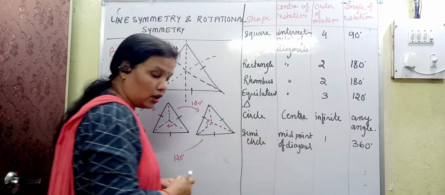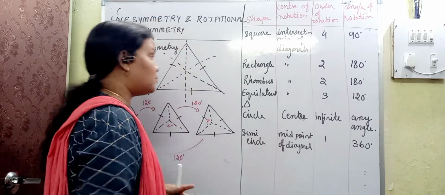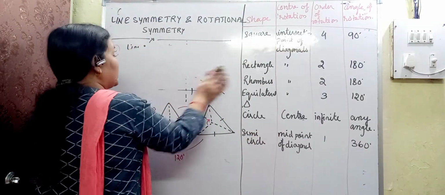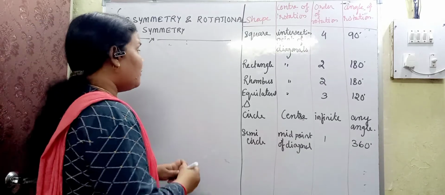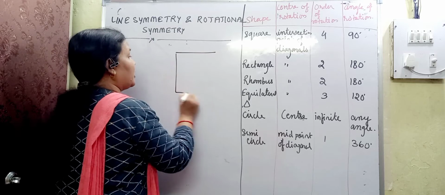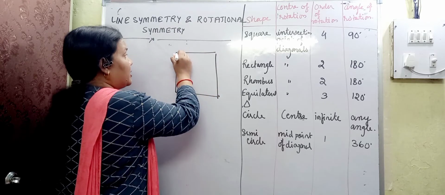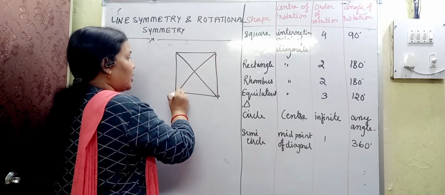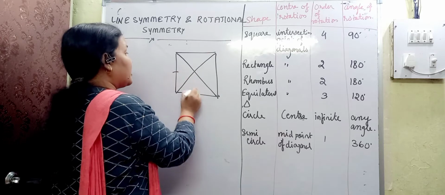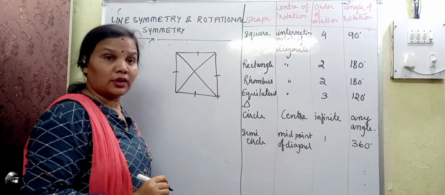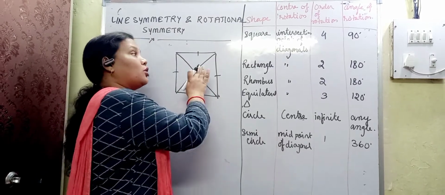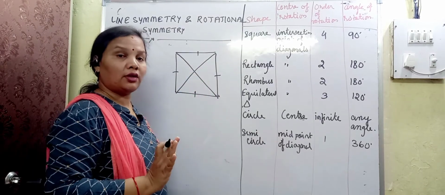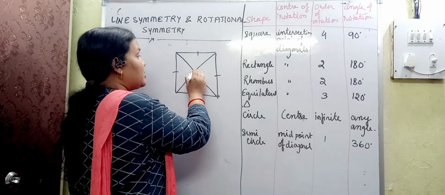You all know a square is a quadrilateral with four equal sides. If I draw a square like this, these are its diagonals. There is also a property that the diagonals of a rectangle, and so of a square, intersect each other.